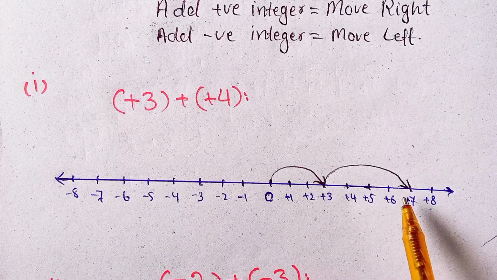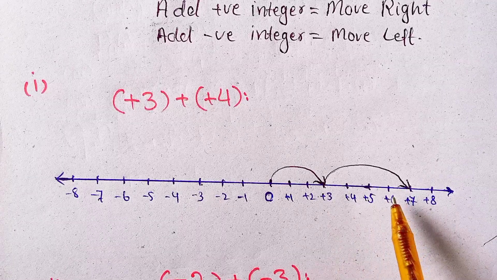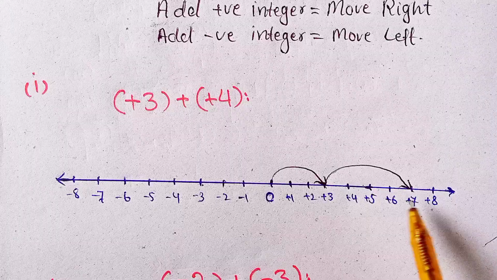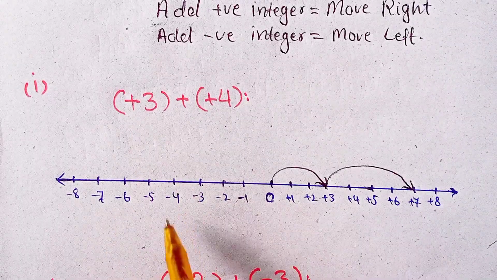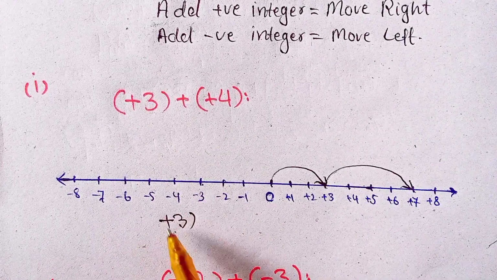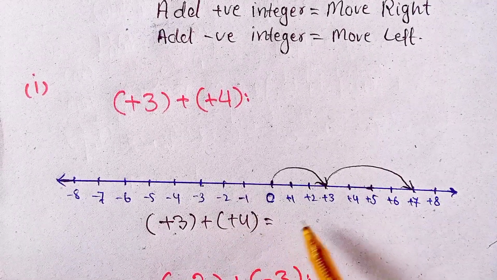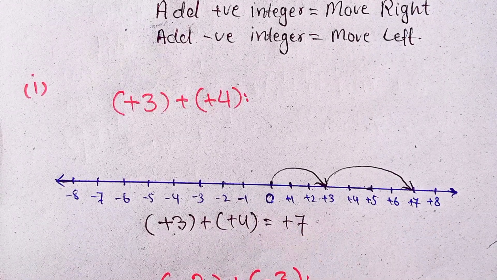Here the head of the last arrow will represent the sum of the numbers, right? The second arrow lands on positive 7, so our answer will be positive 7. So we can write it is positive 3 plus positive 4 equals positive 7.